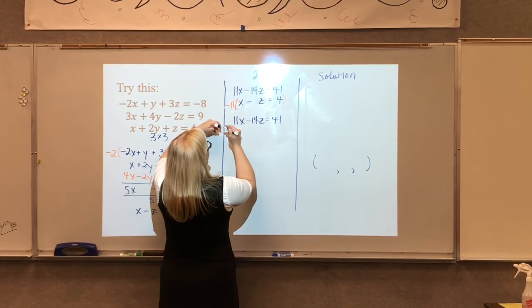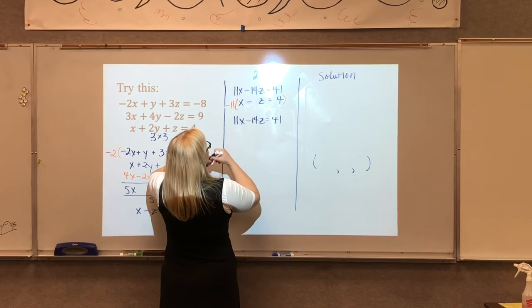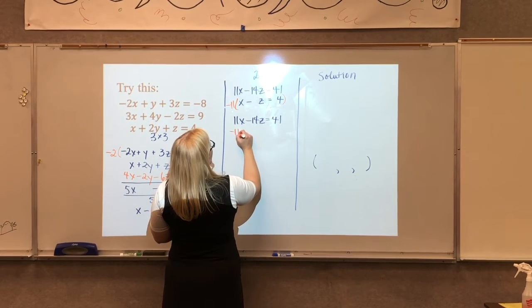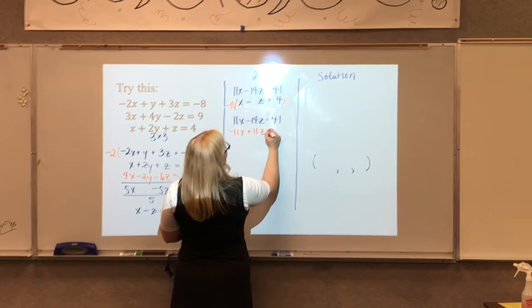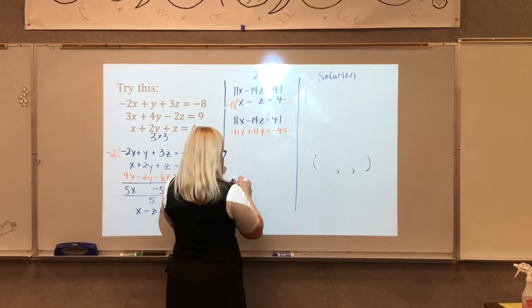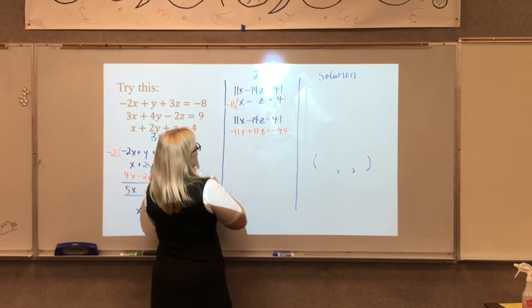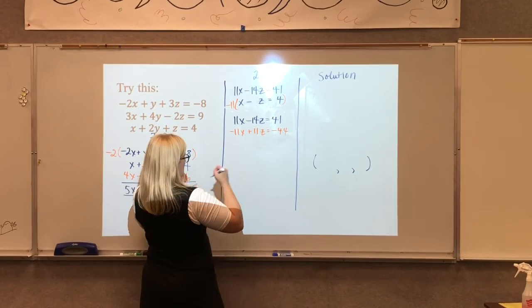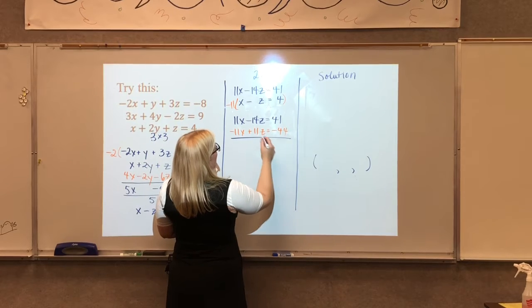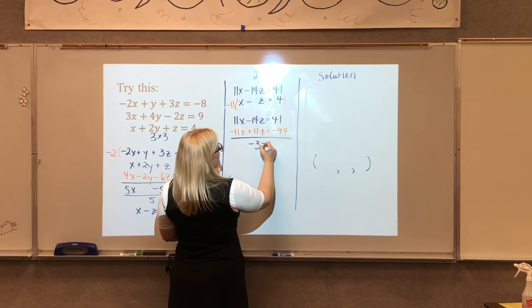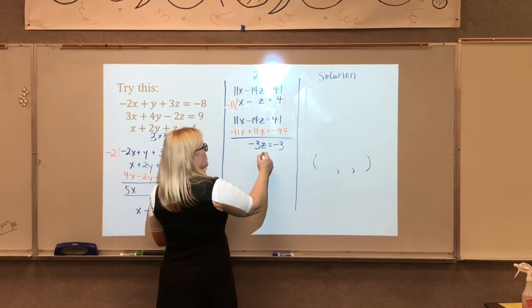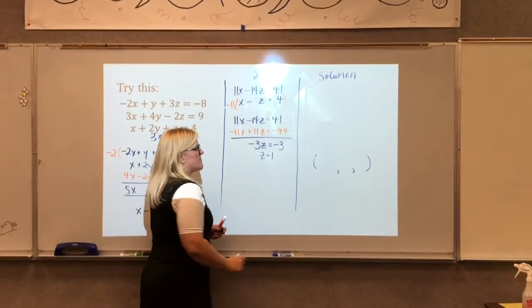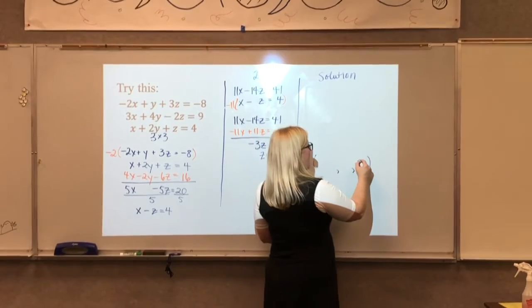And now when I rewrite this one, I get negative 11x plus 11z equals negative 44. And when I add these together, I get negative 3z equals negative 3. So z equals 1. All right, so we've got that one.